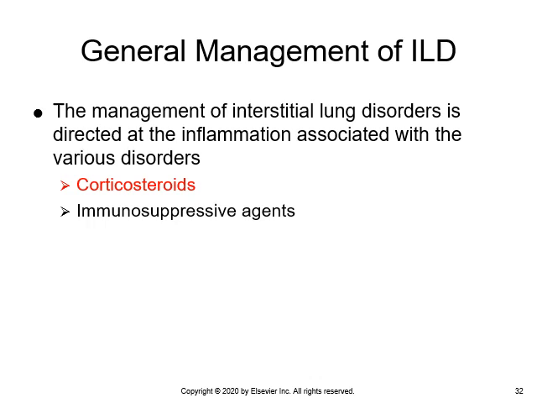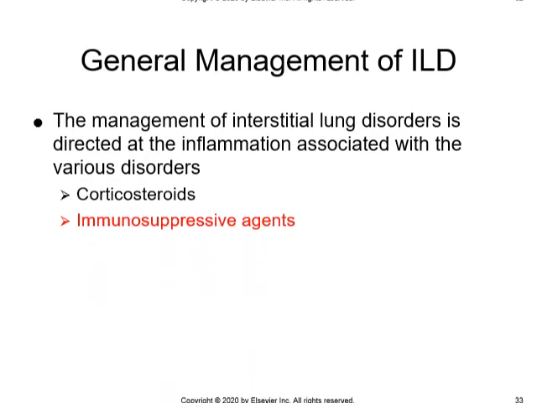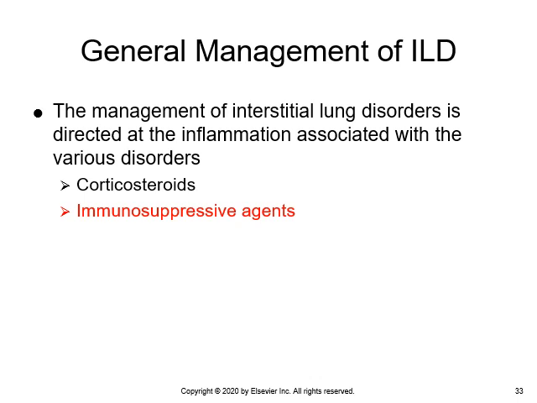In general, corticosteroids are commonly administered in this group of illnesses with reasonably good results, but the benefit varies remarkably from one patient and condition to another. Immunosuppressive agents. Like steroids, these agents are helpful in many interstitial lung diseases, though adverse side effects are common.